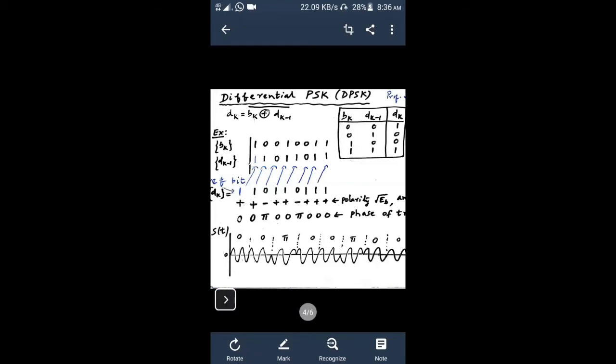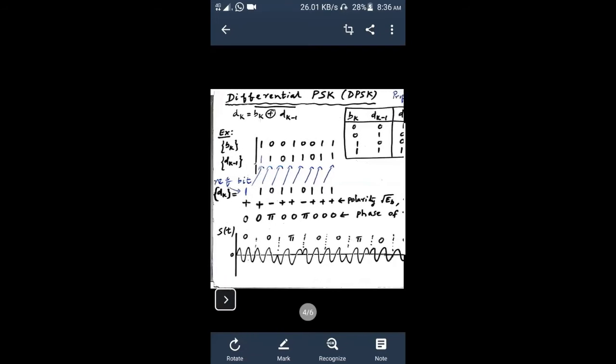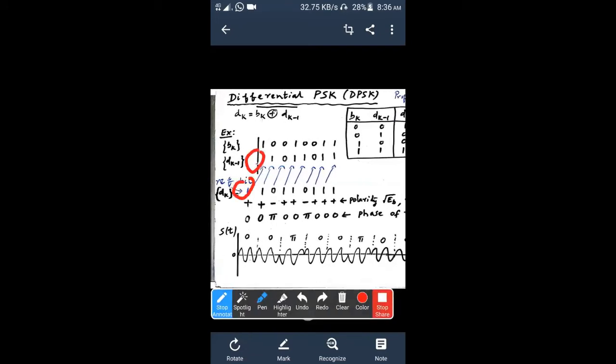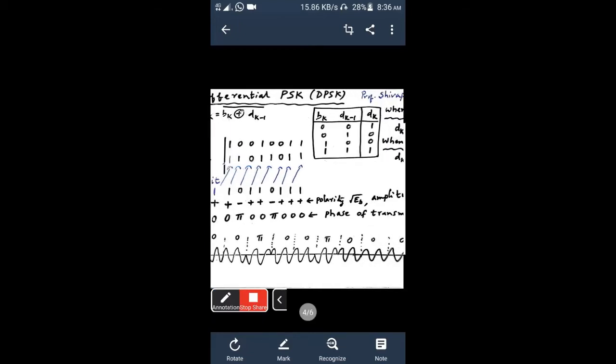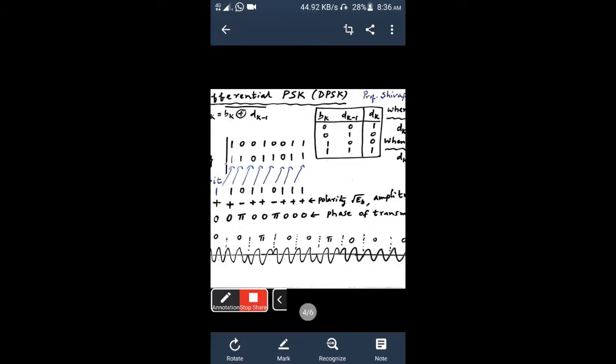So this one bit is taken as dk minus 1. Next, bk is also available. This one and this one. So what is that combination? This first combination, 1 1. Tell me, when it is 1, 1, what is the output in your XNOR operation? dk equal to 1. Yeah, according to the table, for 1, 1, dk is also equal to 1.